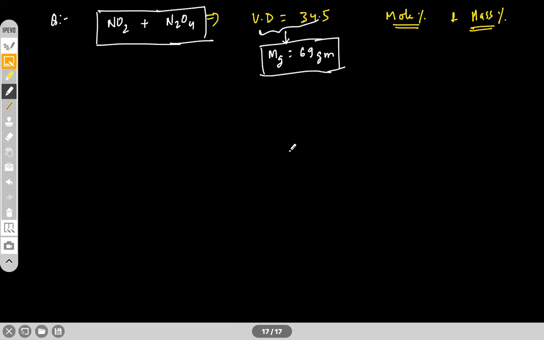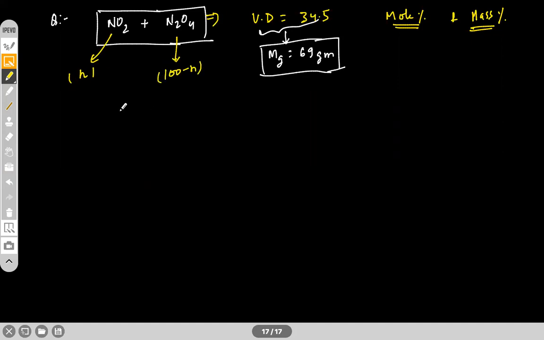Now if I write down the M average formula, that will be total mass by total number of moles. Since we have to find out mole percent, I'll assume the number of moles of NO2 is n. So N2O4 will be 100 minus n.